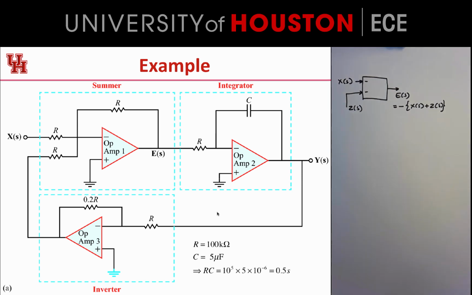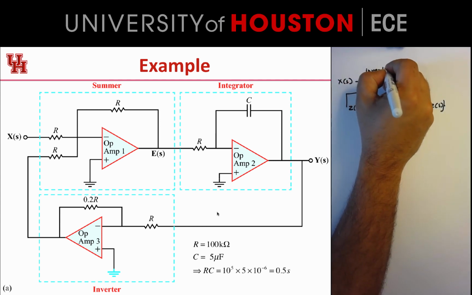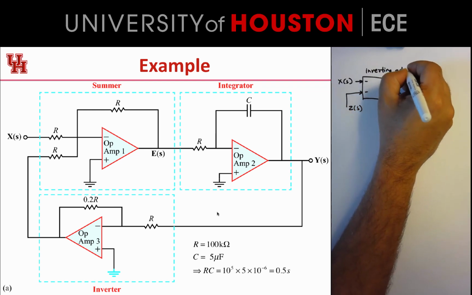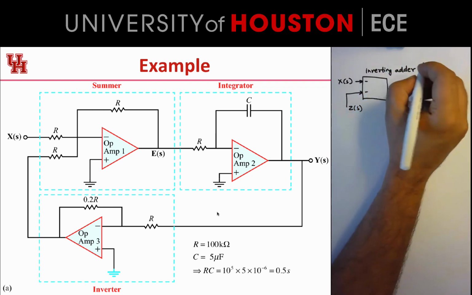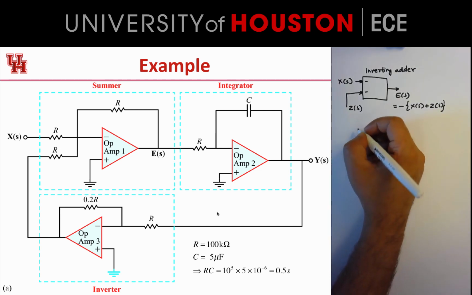So this is what's going on with the op amp on the upper left. It is just an inverting summer, or an inverting adder. This is op amp number 1.